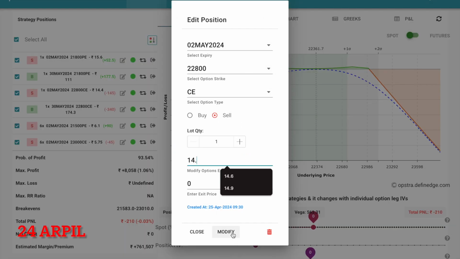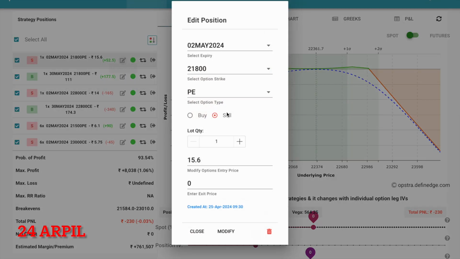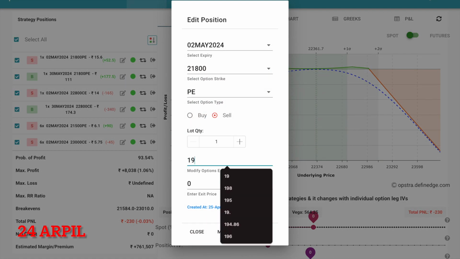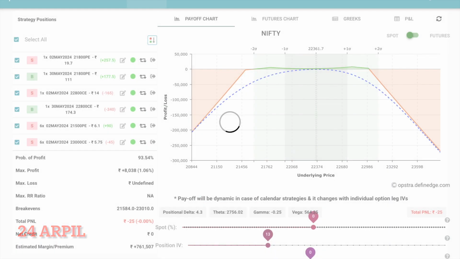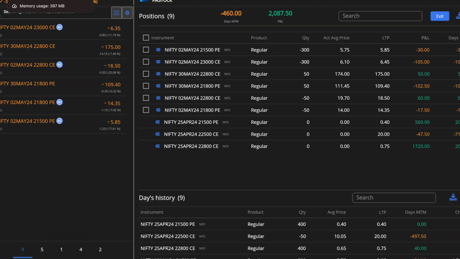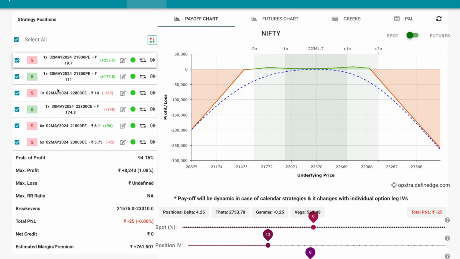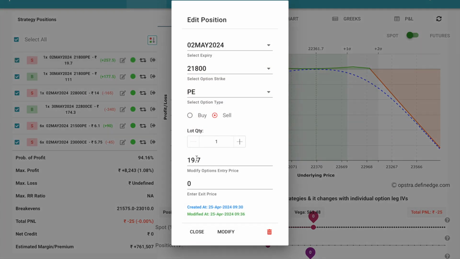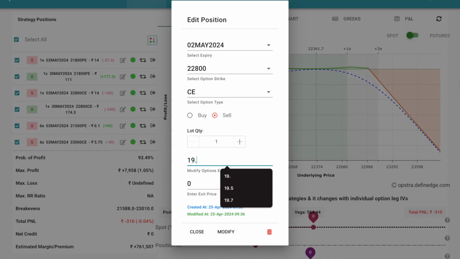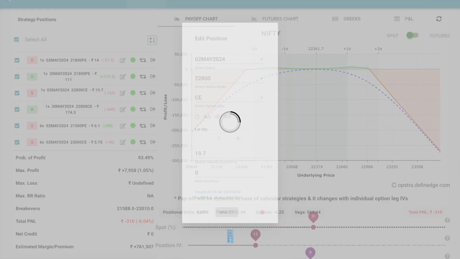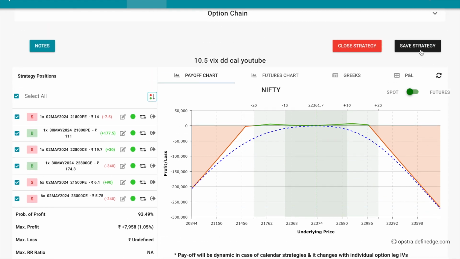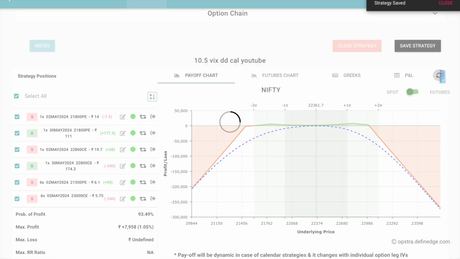And that one we got at 19.7. Modify, check it again. Our CE is at 19.7. This one is at 14, and the CE is at 19.7. Modify this, and we save this strategy.